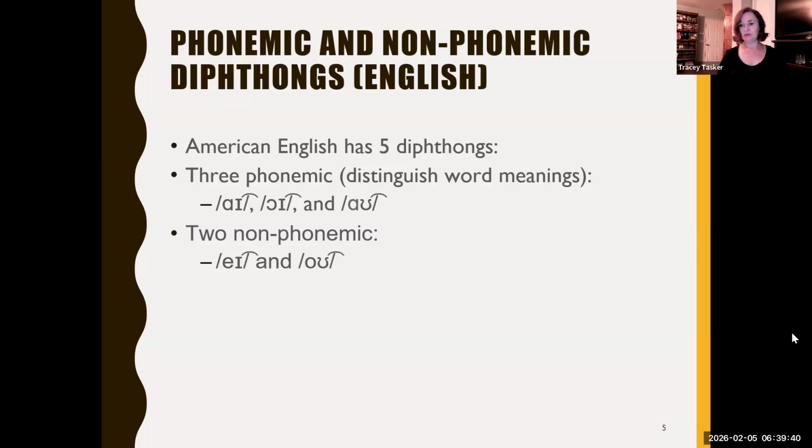So there's a difference between, right, by and boy. They're two different words. The non-phonemic diphthongs, you can interchange them with the pure vowel version, and it still means the same thing. So the two non-phonemic ones are A and O. So bay and bow.